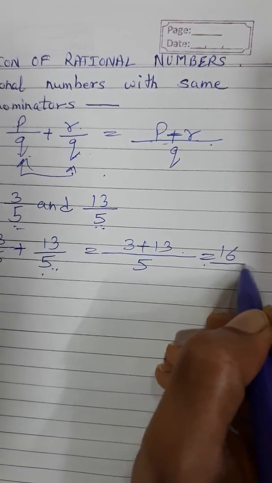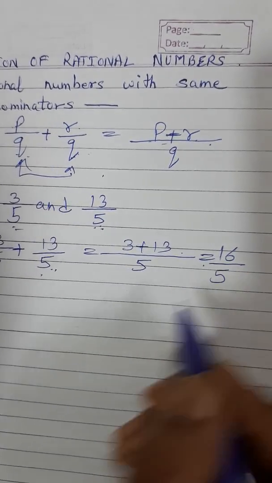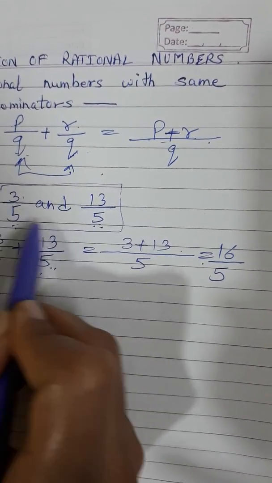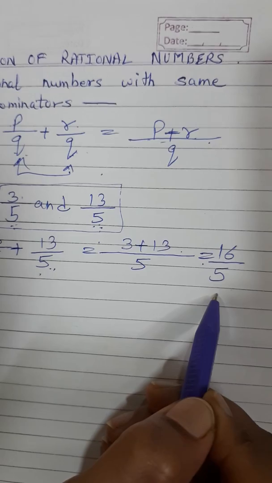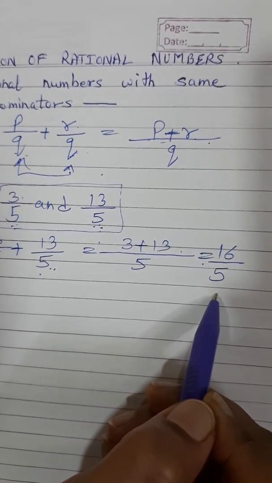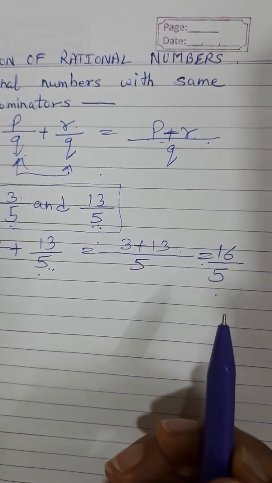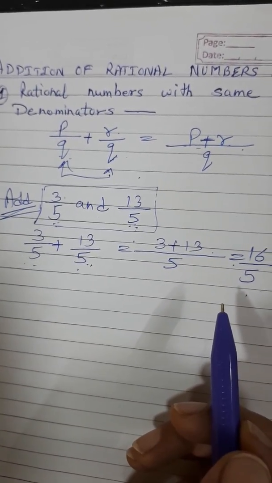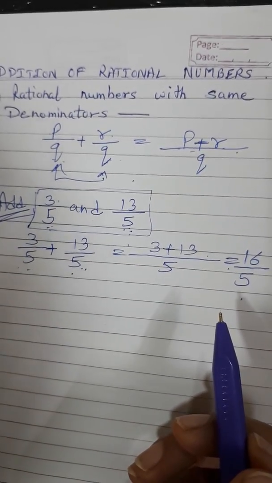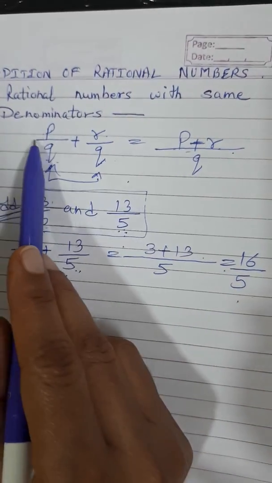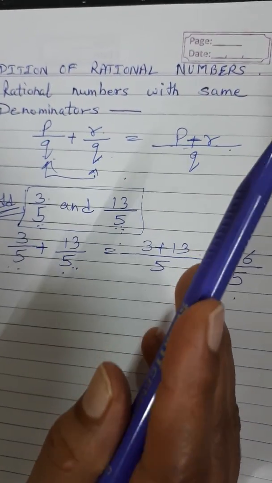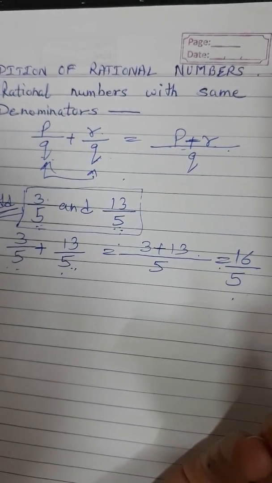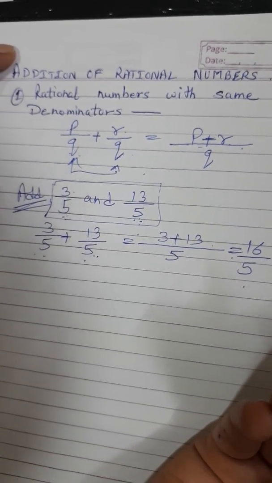So 16 upon 5 is the answer for these two rational numbers, 3 upon 5 and 13 upon 5. This one is the answer. If you are able to do this, then we will send some questions related to rational numbers with the same denominator. But if the denominator is different, we will use different types of rules, which we already discussed.